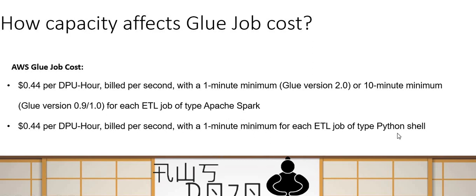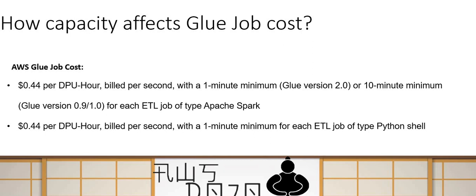If you are writing a Python shell based job, then again, it's 44 cents per DPU hour, minimum 1 minute of execution and billing per second. So basically you can see here, in all types of Glue job, the cost works per DPU hour, and 1 DPU hour costs 0.44.